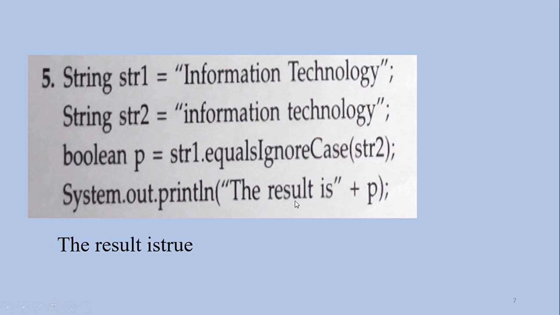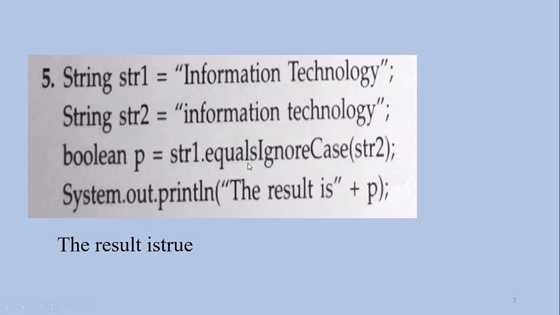You will write the result is. And after that, is there a space? There is no space, but you are concatenating with P. What is in P? You have true. So you can see here, the result is, there is no space, but you have given the value as true. Okay. So this is how you must write the answer.